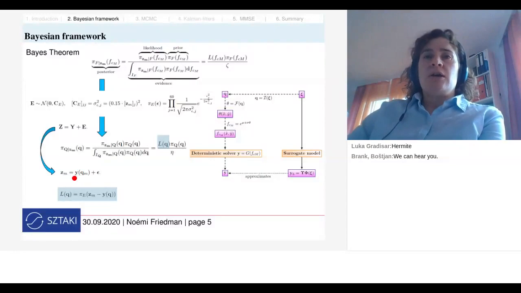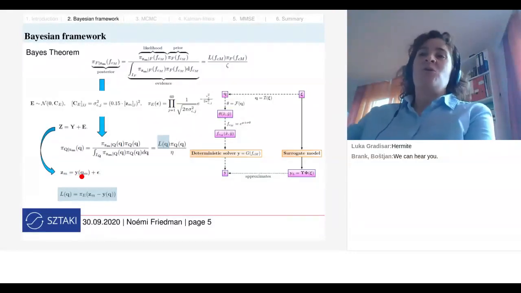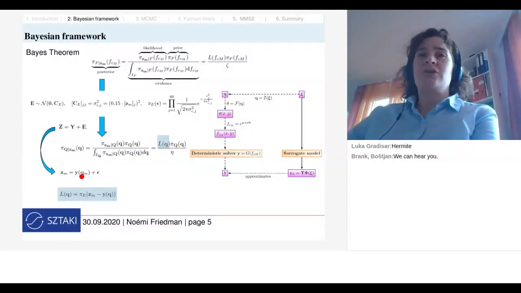If I have the true response, this is not directly my observation, because I have two things. One, there may be an error in my finite element computation. It's a reflection, or some kind of approximation, of reality with many simplifications.